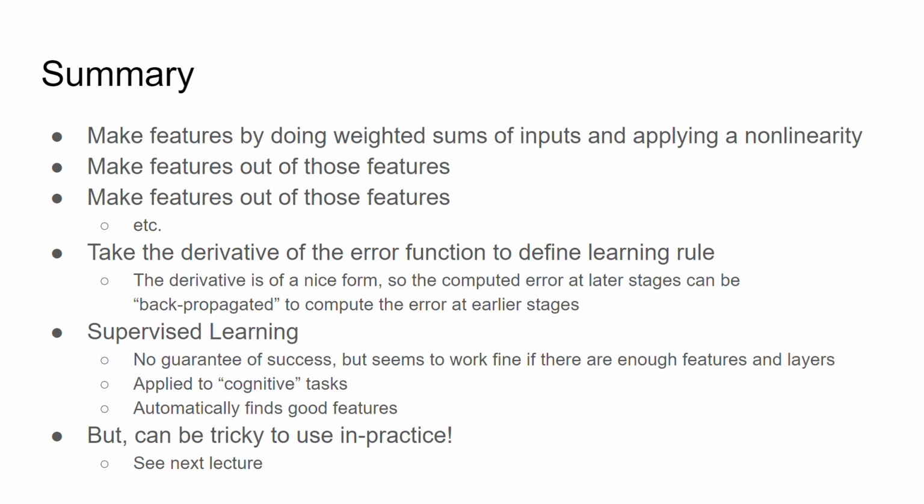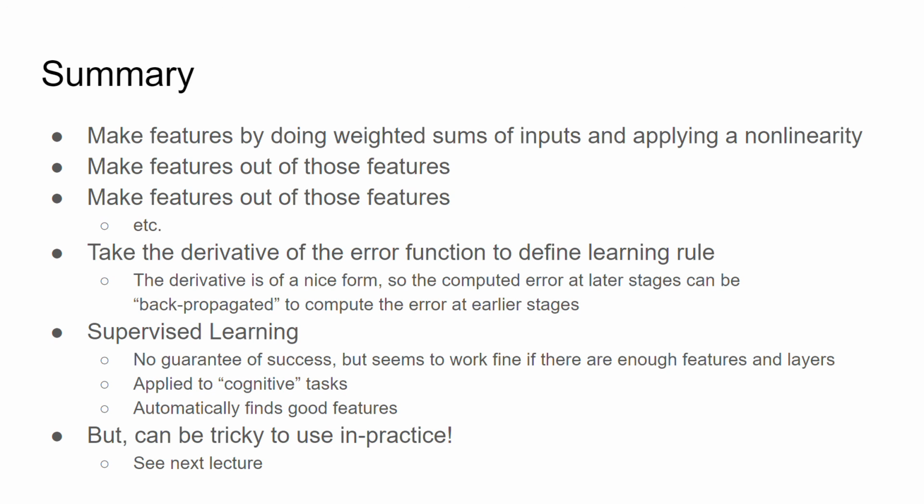In order to find the weights that create those features, we're going to do this standard trick: we've got an error function that simply says, I want my output to be as close as possible to my desired output. I'm going to take the derivative of that with respect to the weights to figure out a learning rule that tells me how to adjust the weights.